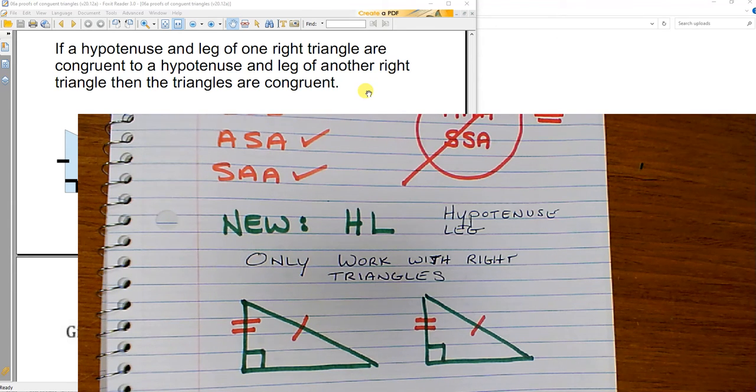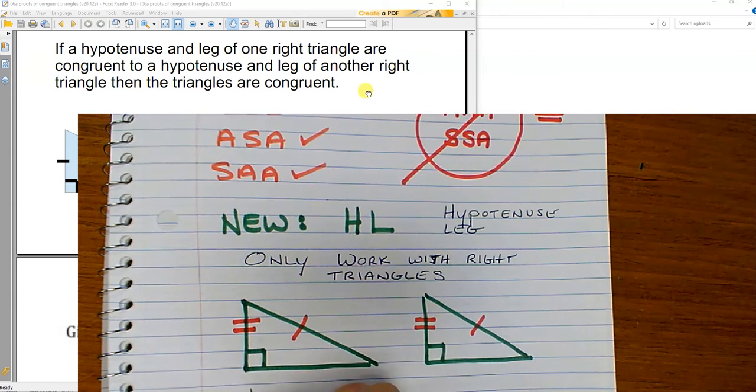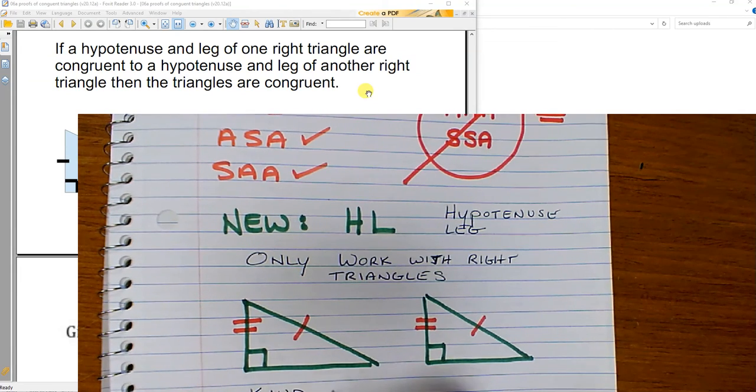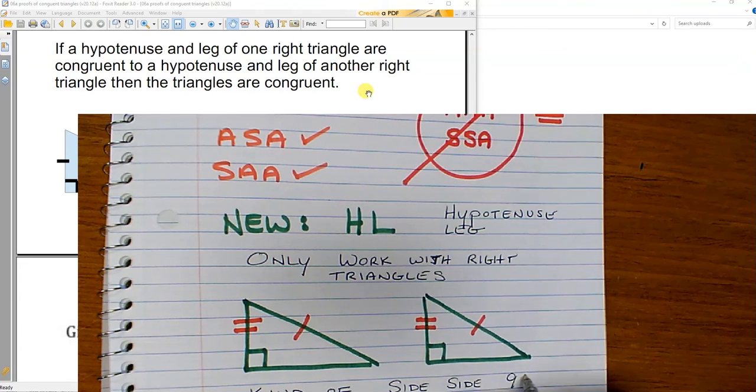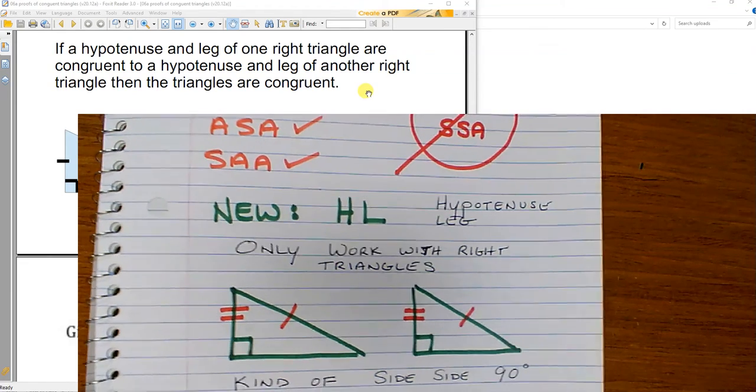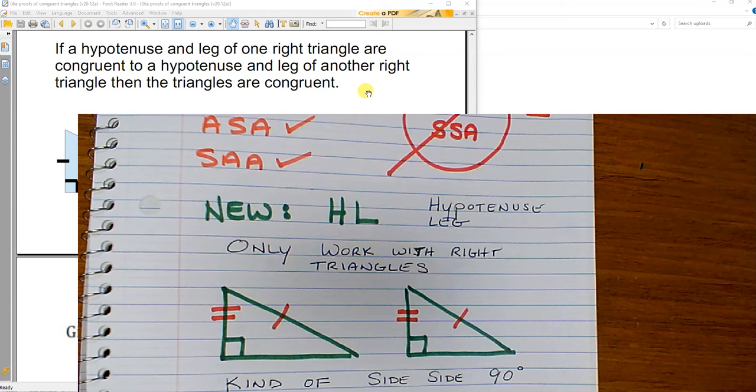So I guess we could think of it as side, side, 90. Side, side, 90, hypotenuse leg is what we call it though.